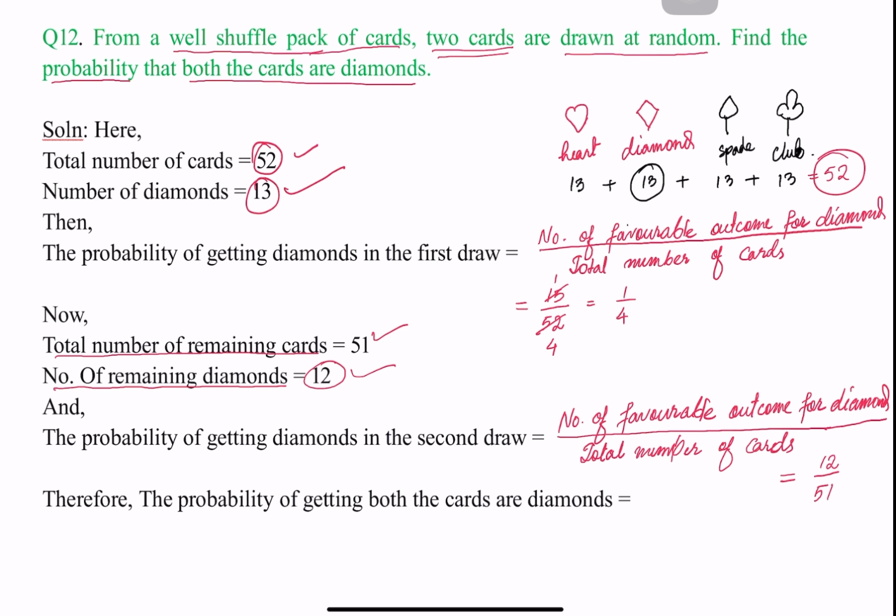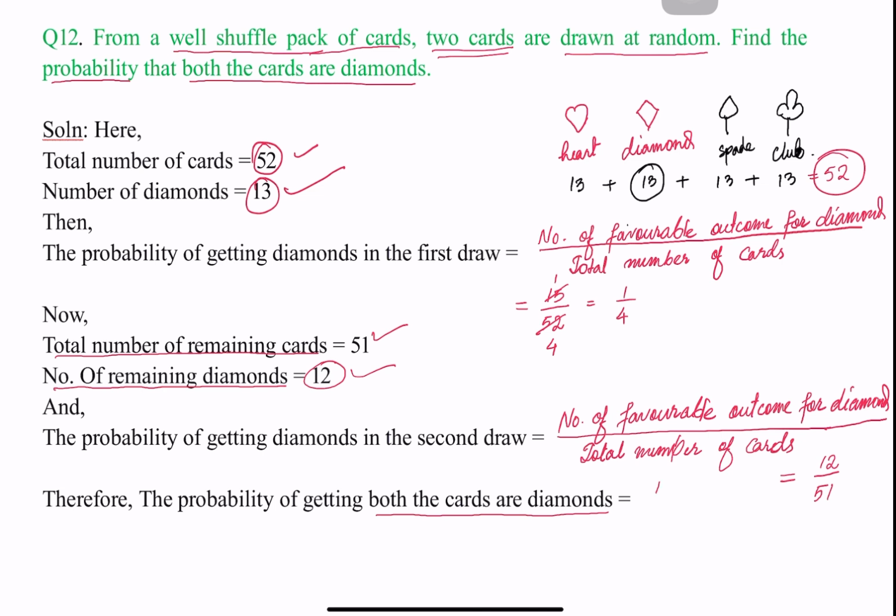But we are not finished here. We will continue, because the question asks for the probability that both the cards are diamond. To find that both are diamond, you just need to multiply the probability of the first draw and the probability of getting a diamond in the second draw.